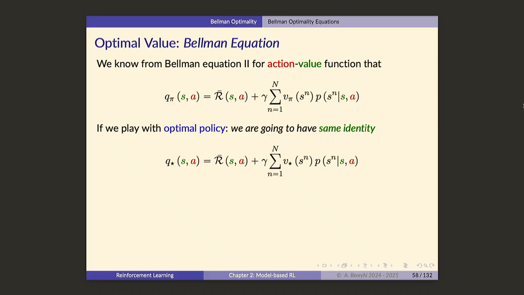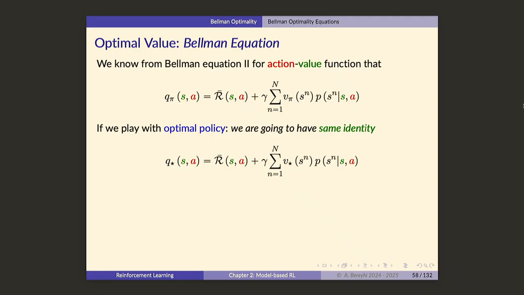Meaning that if instead of Q pi I replace Q star, and instead of V pi I replace V star, this is still going to be the case. Everybody's clear? Now, this is Q star written in terms of V star.